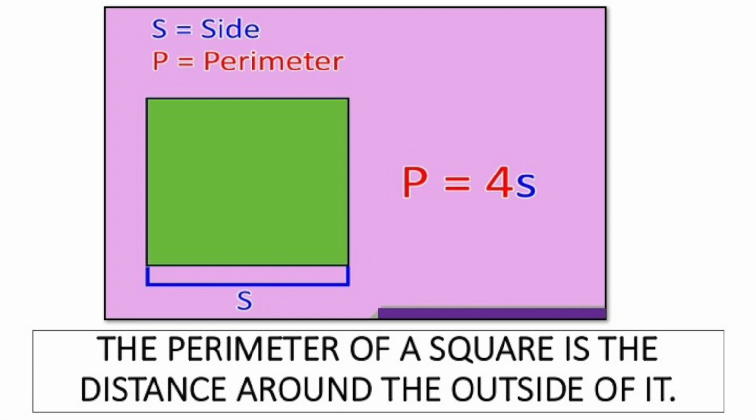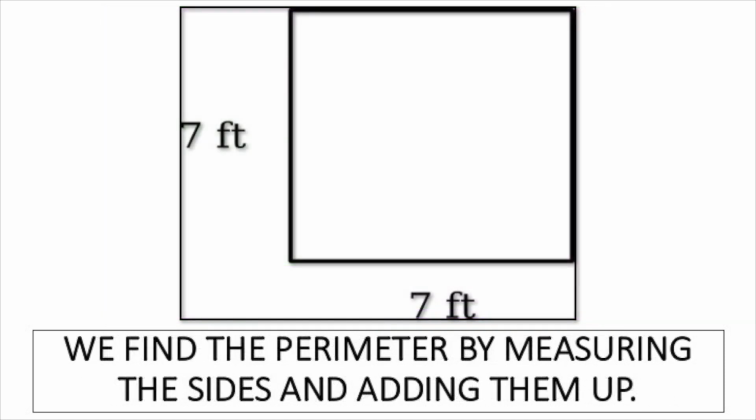So exactly the same as a standard rectangle, but this time the length you can do times 4 because all sides on the square are the same size. We find the perimeter by measuring the sides and adding them up.